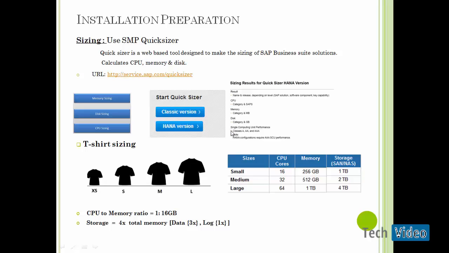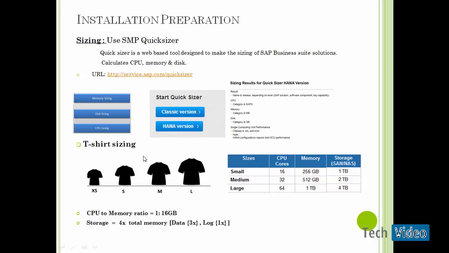What category class should be considered? For HANA, the solution is to choose AAA SEU performance. SEU is nothing but single computing unit performance. With this result, we can then proceed to size the hardware: the number of CPUs, the amount of main memory and the amount of disk to be used for installing a HANA appliance.